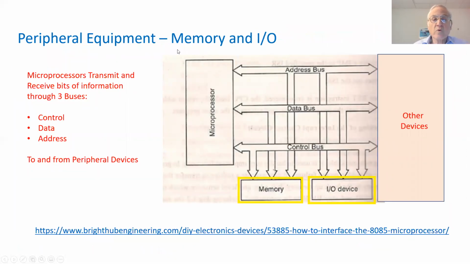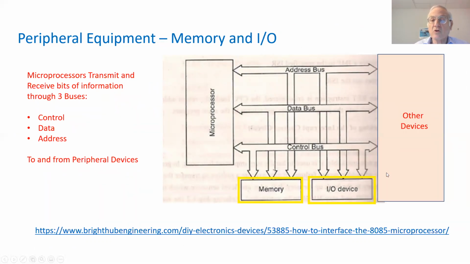Now, the peripheral equipment are various. It could be I/O devices like we saw before, the motor. There could also be memory. There could be various other devices, for example, displays and memories, and the microprocessor transmits the information in bits and bytes through 3 buses: the address bus, the data bus, and the control bus.